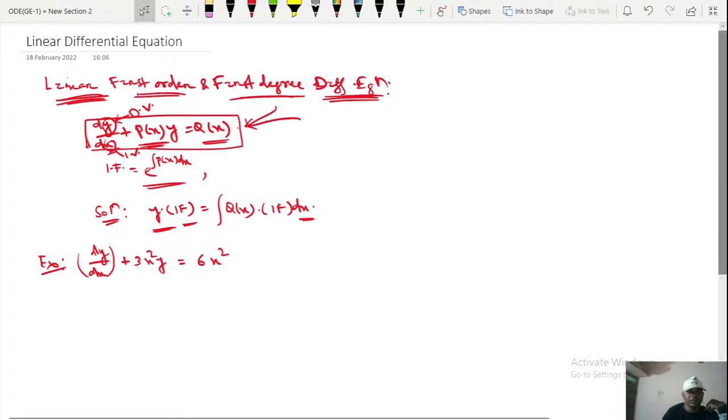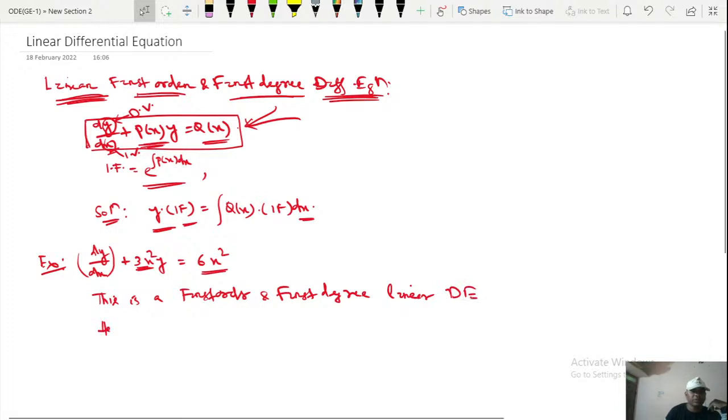Here p of x is 3x square and q of x is 6x square.